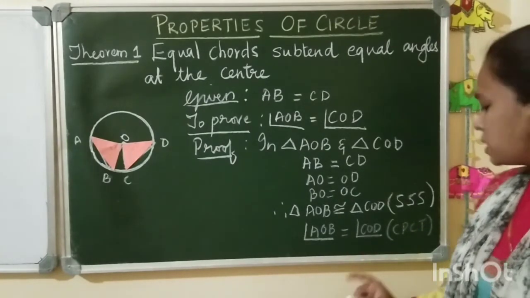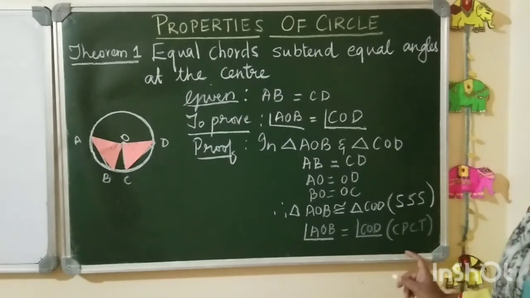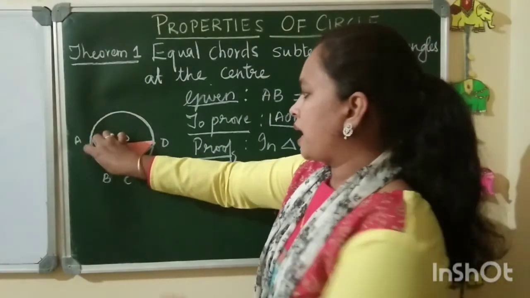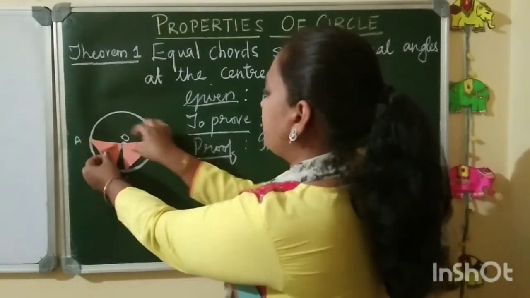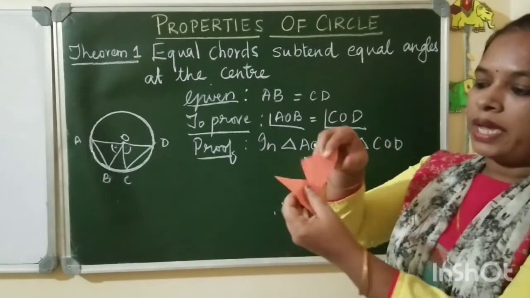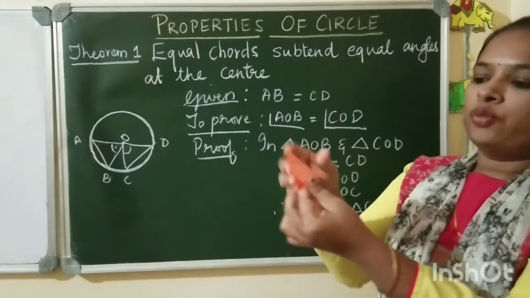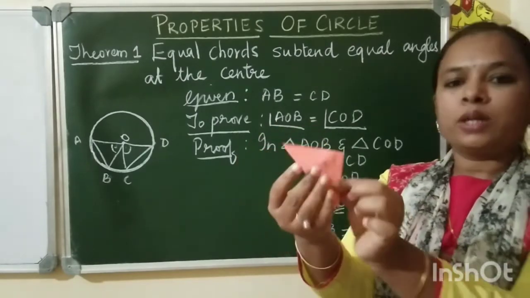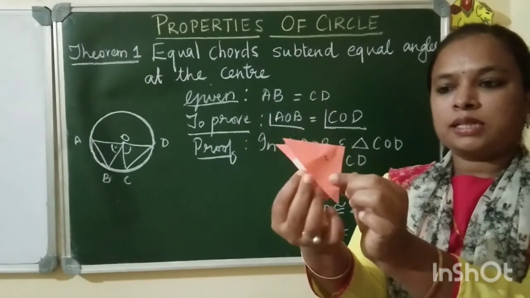So you have learnt in triangle chapter what is CPCT. Once again I will say, CPCT is nothing but the corresponding parts of congruent triangles. See, when I am just removing these two triangles from here, they both are the congruent triangles, right? So when I am superimposing one on another, you can see that the angles are equal.